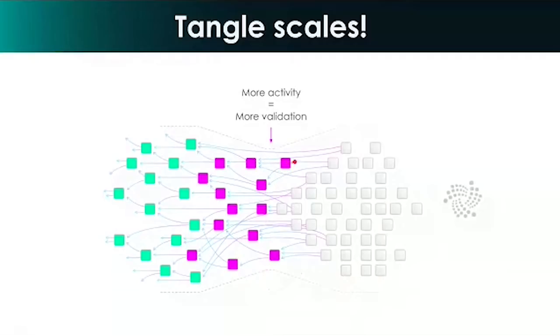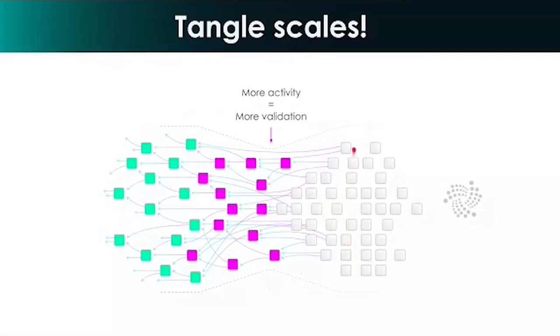There is no bottleneck in IOTA essentially. The more people use it, the faster it validates those transactions, which is the beautiful thing about IOTA. I will get into how it works in a little bit, but just look at this image for a few seconds to see if you get an intuitive sense of the difference.